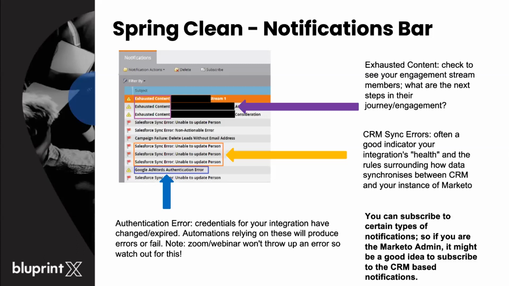The big note there is that Zoom and most webinar integrations don't throw up an error, so do watch out for your credentials when it comes to Zoom, GoToWebinar, ON24, anything to do with webinar integration. If for whatever reason it's updated at a webinar level, so the webinar account itself gets updated, it's not going to throw an error inside of Marketo. You will sadly discover it when you come to do the synchronization.